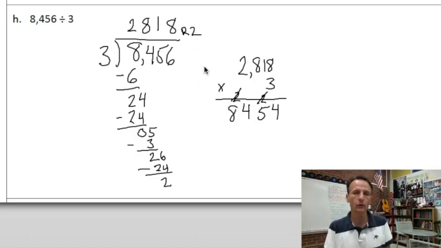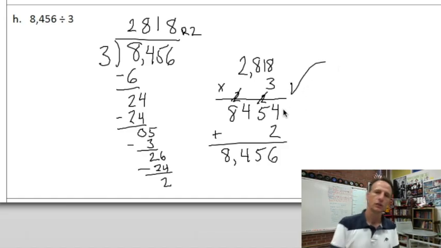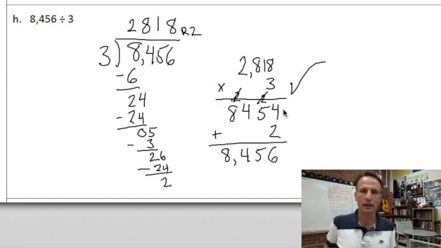And, all right, oh yes, add in that remainder of 2. And you could see, again, without really doing math, that we will get 8,456, the very dividend we started with. So it checks out. Let's go on to I.